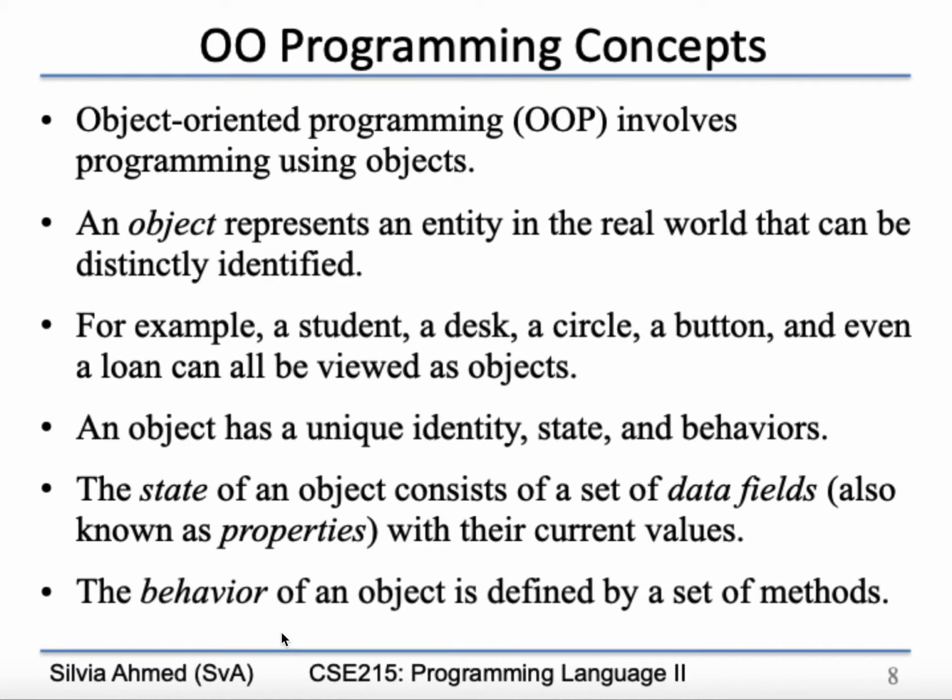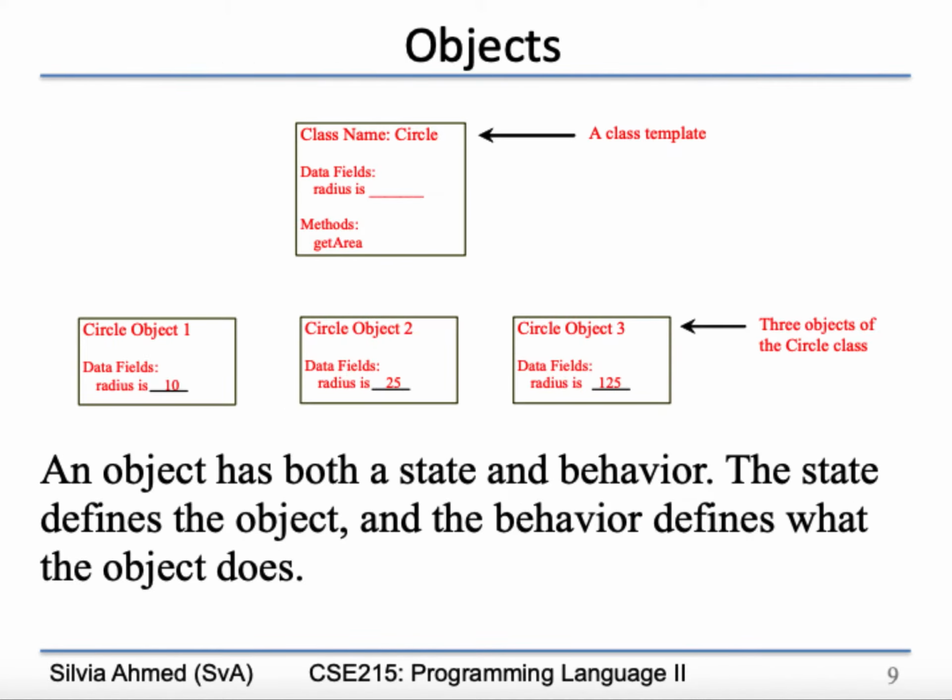The behavior of an object is defined by a set of methods. For example, for a student, we can have an add grade method that will eventually update his or her CGPA. We can have an update address method that will update the address of the student, and so on.